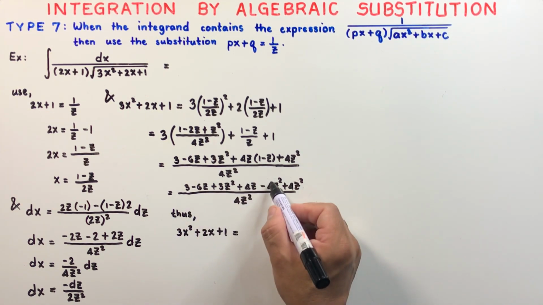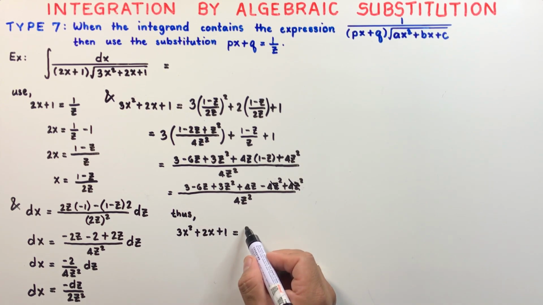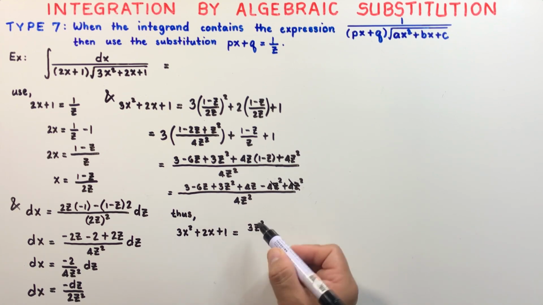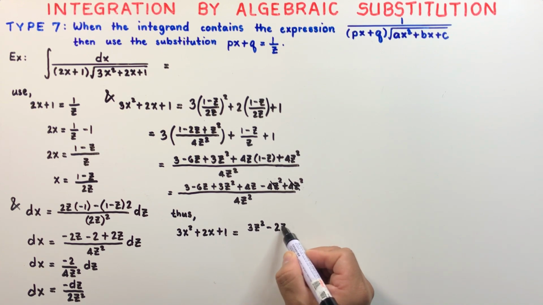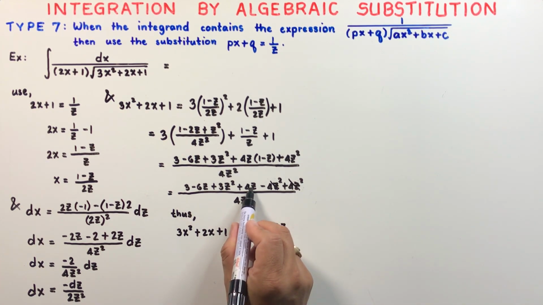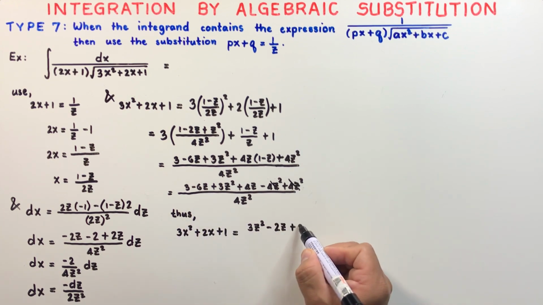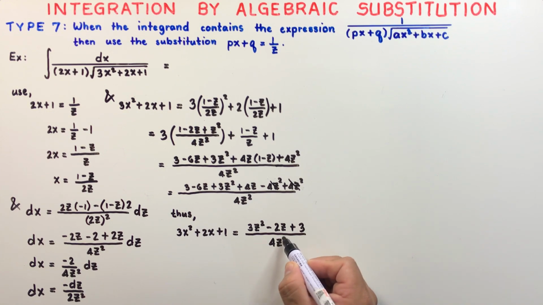And we know that this negative 4z squared and positive 4z squared cancel each other. So this 3z squared will be subtracted by 2z, because this is the result when you combine 4z and negative 6z. And this is added to 3 divided by 4z squared.